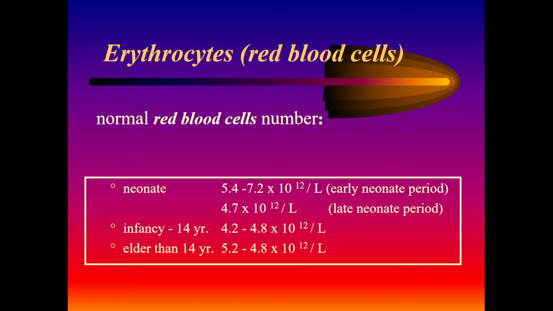In the late neonatal period it is on average 4.7 times 10 to the 12th per liter. These are the normal parameters. You must remember them.